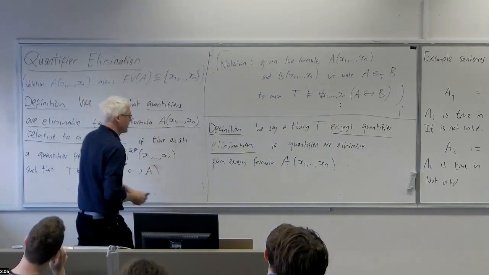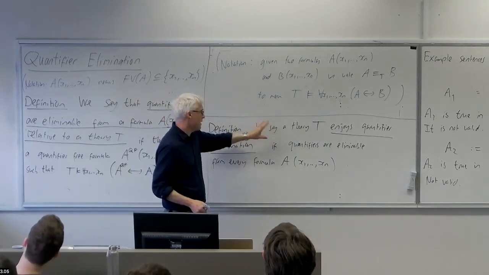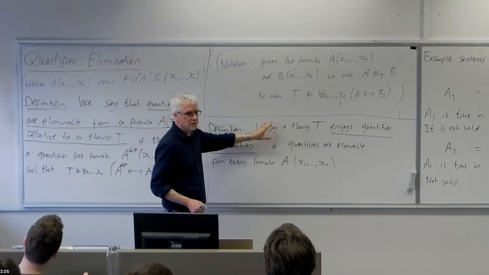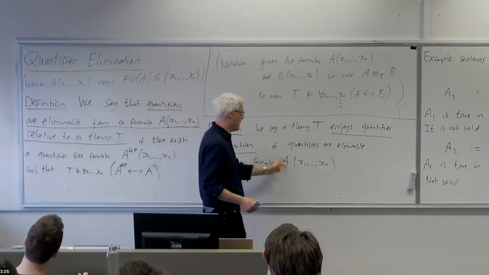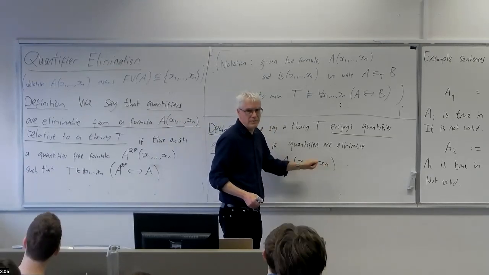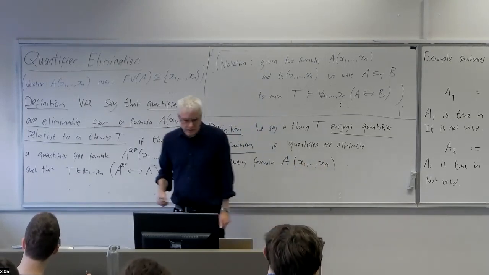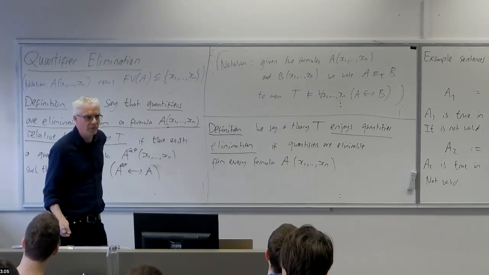As a consequence, every sentence is equivalent to a quantifier-free sentence. But it's stronger than that, because it's saying every formula is equivalent to a quantifier-free formula in the same set of free variables. So the issue to do with variables is the subtle point here.